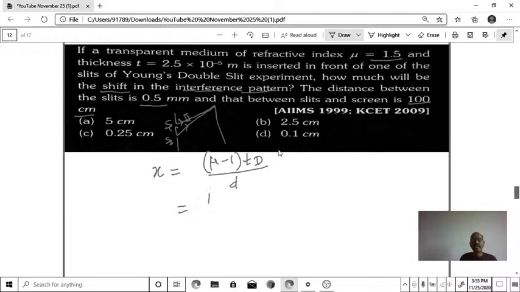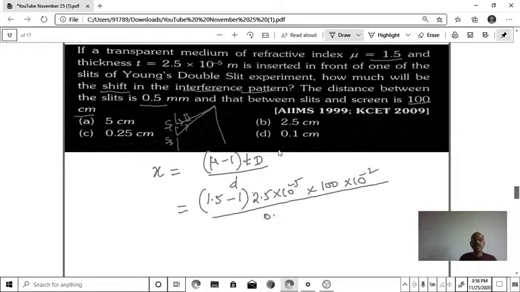Refractive index of glass is 1.5, minus 1, into t, 2.5 into 10 power minus 5, into capital D, 100 centimeter converted into meter, 10 power minus 2, by small d, 0.5 millimeter converted into meter, so 10 power minus 3.